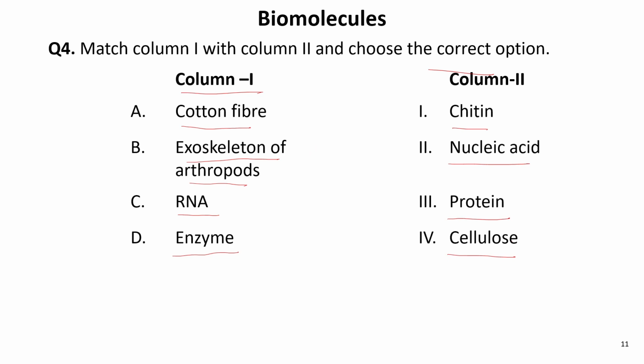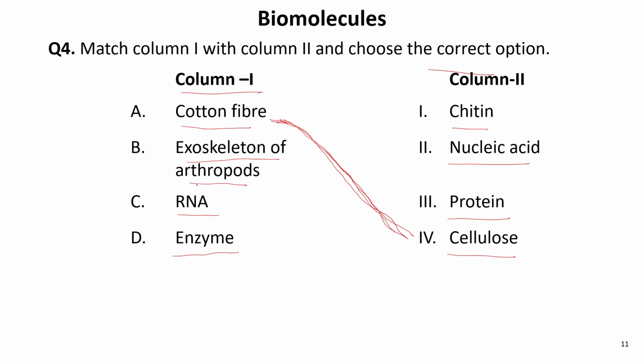Cotton fiber, chitin? No. Cotton fiber, nucleic acid? Absolutely no. Cotton fiber with protein? No match. Cotton fiber with cellulose? Yes. Cellulose is present in the cell wall, and cotton fibers are actually cellulose.